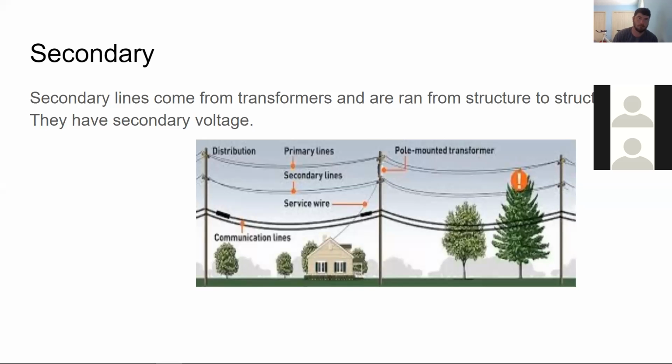Are you still with us, Mr. Mountain? Yeah, I'm here. It was lagging. I don't know where it's. Hold up. Secondary lines come from transformers and run from structure to structure.